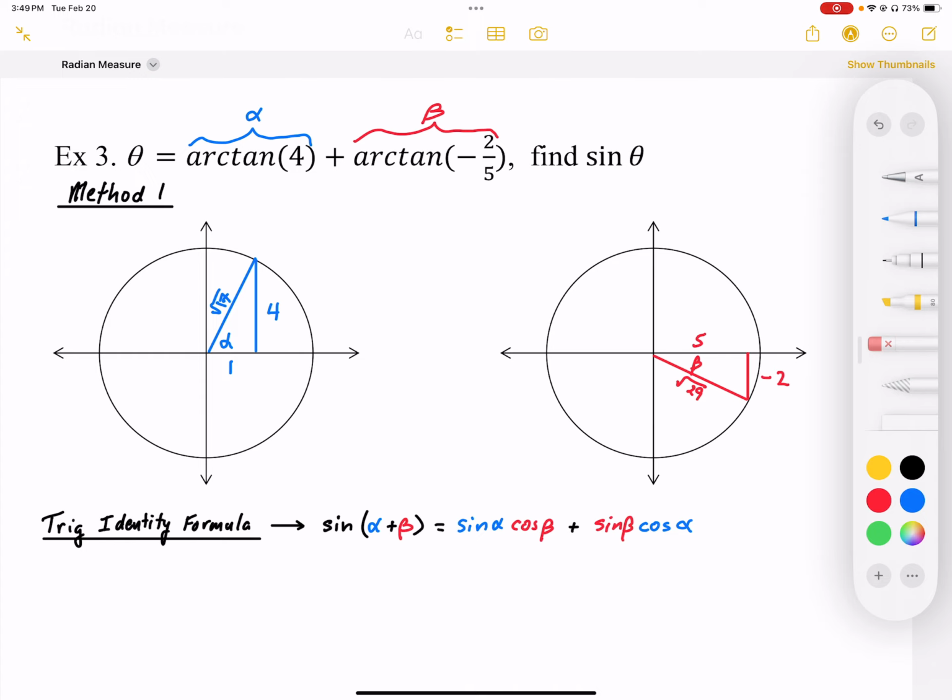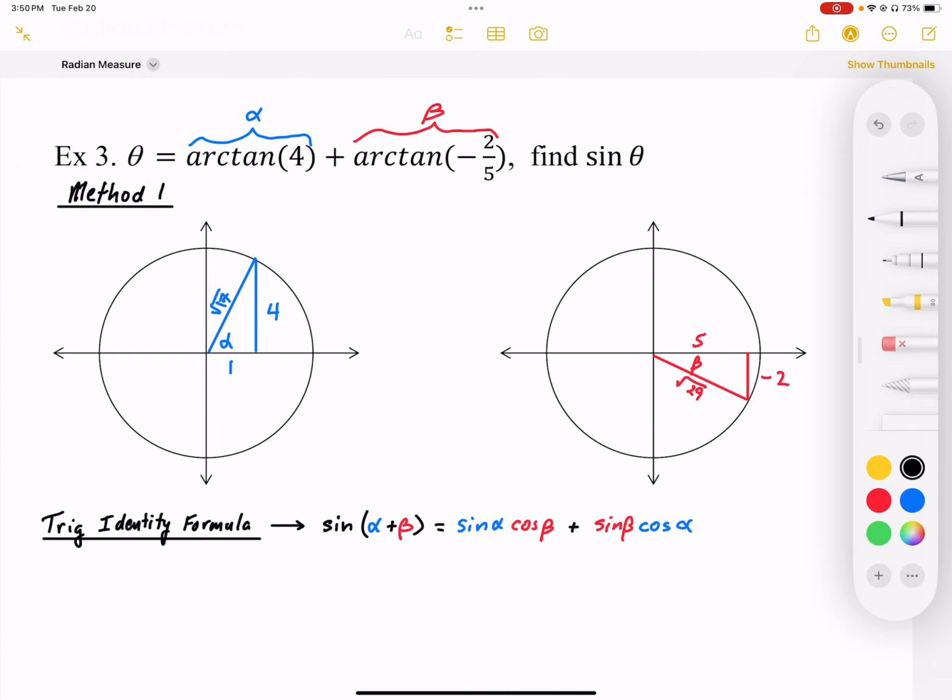This is a formula that you really don't encounter till grade 12 math, and it's called the sum angle identity for sine. It allows us to combine the trig of two different angles, and without this, we really wouldn't be able to do this problem.